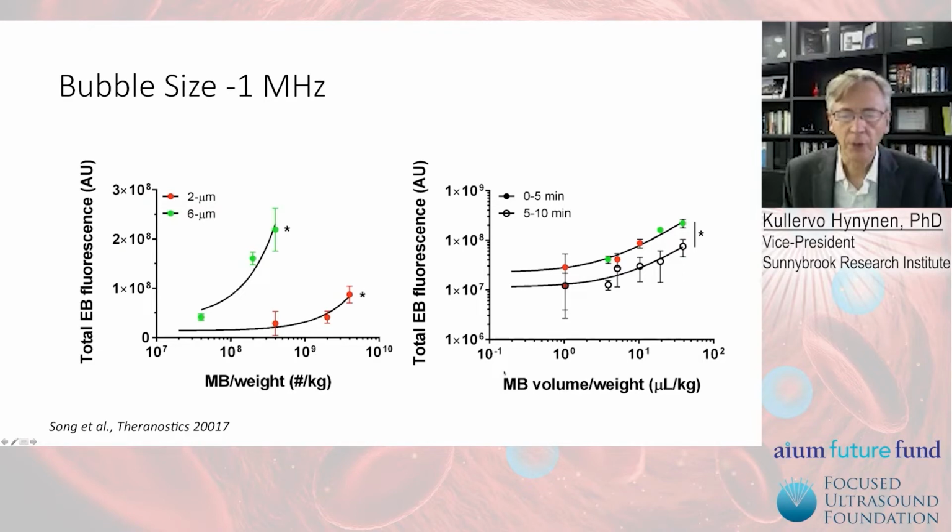But when the results were normalized for microbubble volume, they seem to correlate, to be on the same line. So from this paper, it looks like the explanation for why the larger bubbles are more effective is really the gas volume. So if you have equal gas volume, then bubbles behave the same.